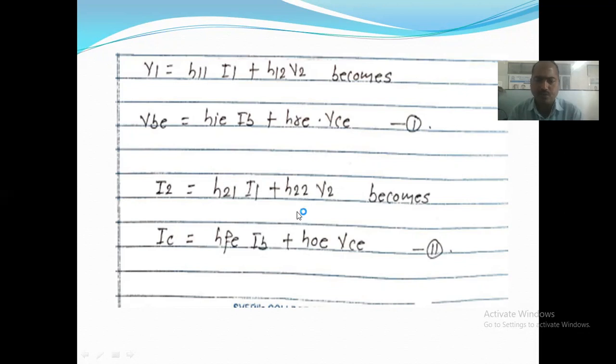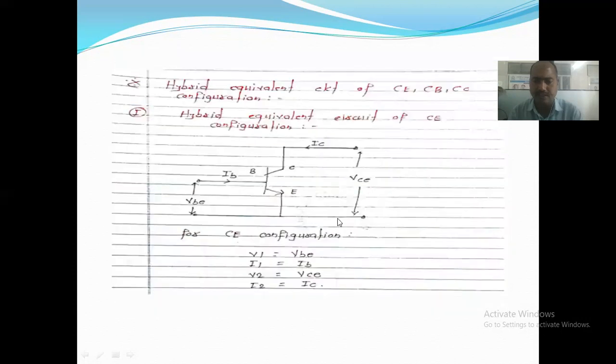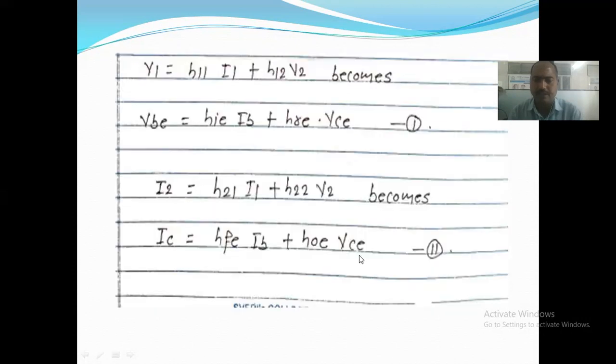Plus H22, which is the admittance, I2 divided by V2, so it is called HO, the output admittance. For the emitter configuration it is HOE, into V2, which is written as VC here.